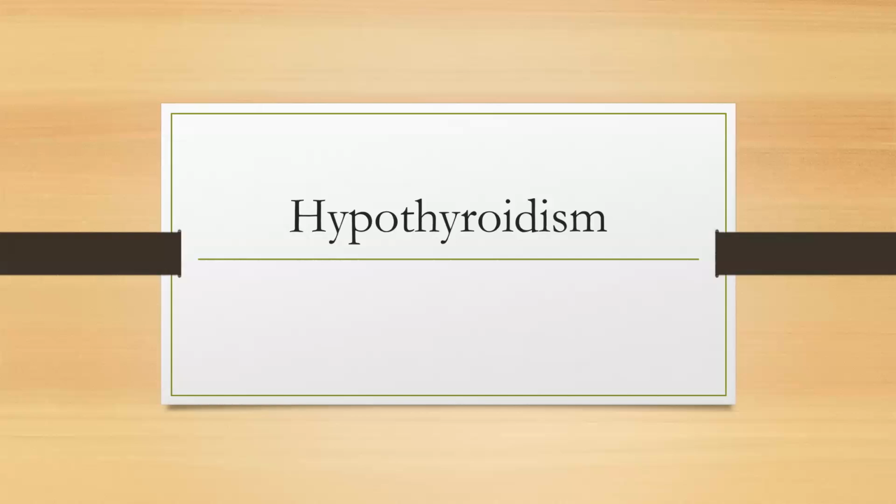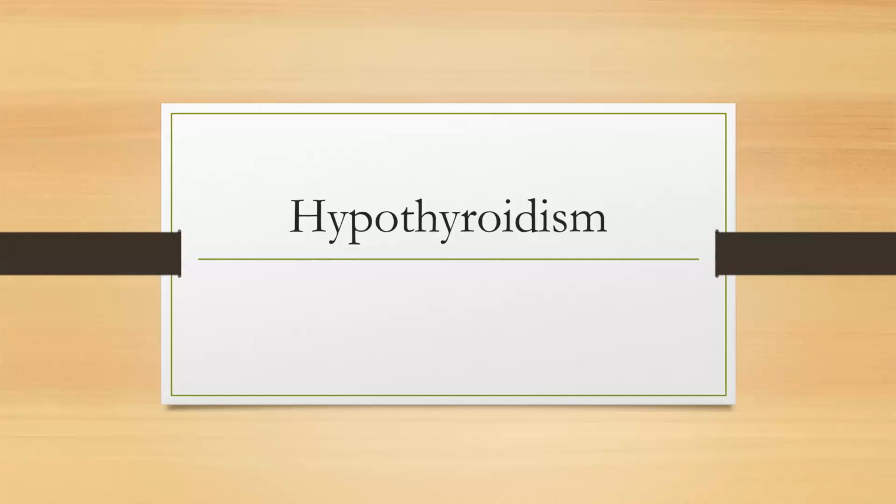Because in the management of Graves' disease, we have discussed that those patients have thyroid stimulating immunoglobulin, which stimulates thyroid receptors. Under the effect of those thyroid stimulating immunoglobulins, the thyroid becomes hyperactive and produces excessive thyroxine. Now we have removed the thyroid, but the thyroid stimulating immunoglobulins are still there.